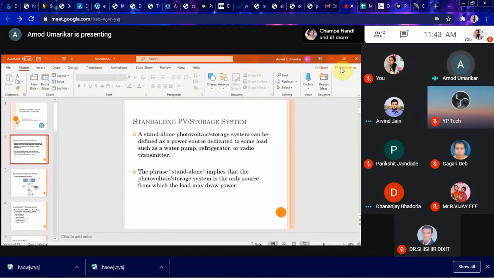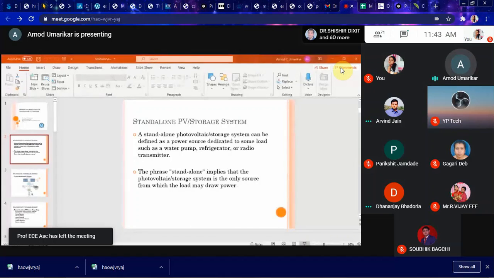Standalone definition: generally, a standalone PV system is a power source dedicated to some load, such as a water pump, refrigerator, or radio transmitter. This is a very vague definition. But mainly we understand from the term standalone that the PV or storage system, photovoltaic plus storage system, is the only source from which the load may draw power. So standalone itself says that there is no other supply. Standalone can also be wind. Wind also can be a standalone.